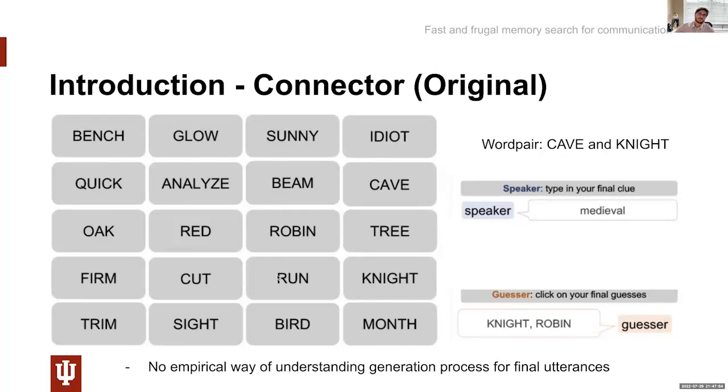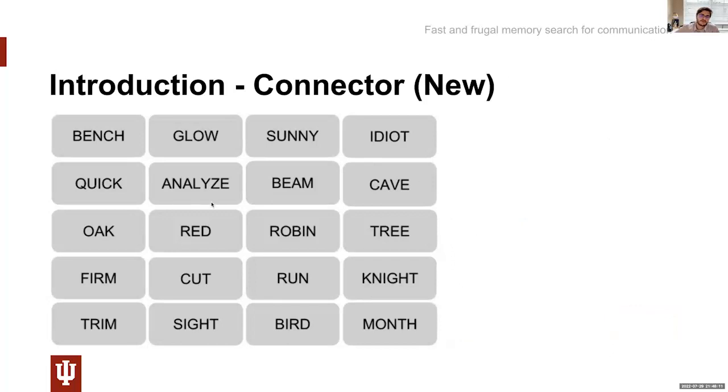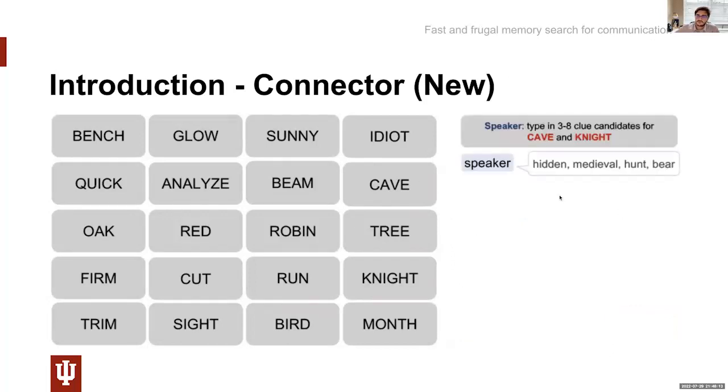So this leads to a problem of not understanding how they were able to come to those final clues and final guesses. We have no way of understanding the generation process. So in this study, we told them to generate 3 to 8 clue candidates that they think would be good for their respective scenarios.